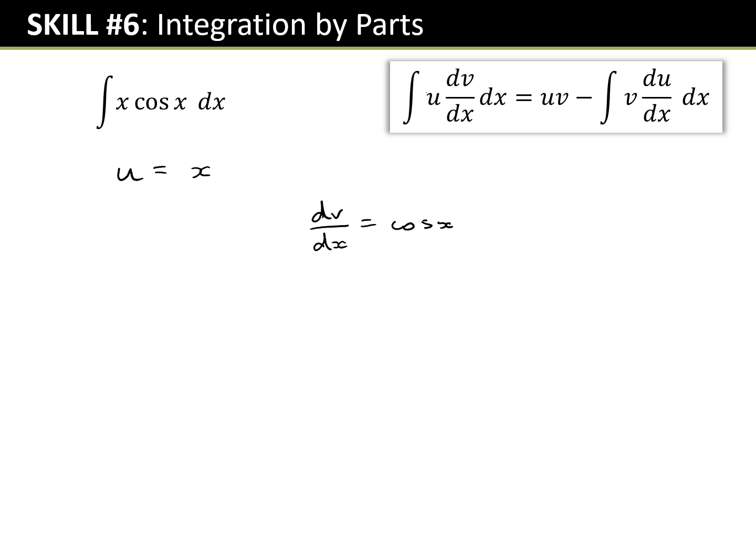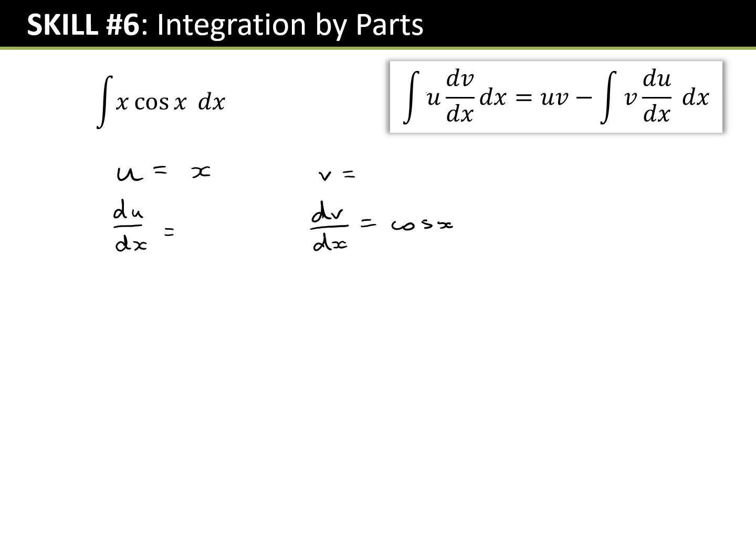Here we've got a u and a v, so we need to integrate this to find v. And here we've got a v and a du by dx, so we need to differentiate u. Notice how I've laid this out. Eventually, you need to find u, v, du by dx, and dv by dx, all four of them.